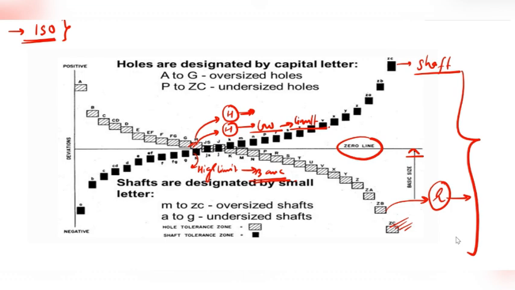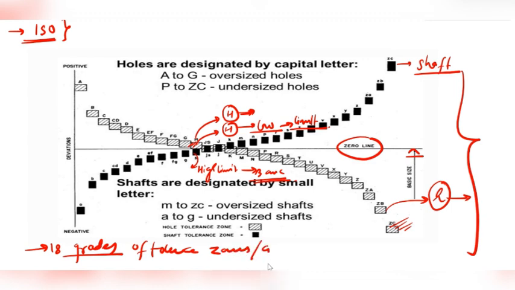So to specify the various tolerances across this basic size, there are different tolerance zones, that is, 18 grades of tolerance zones or grades have been given.